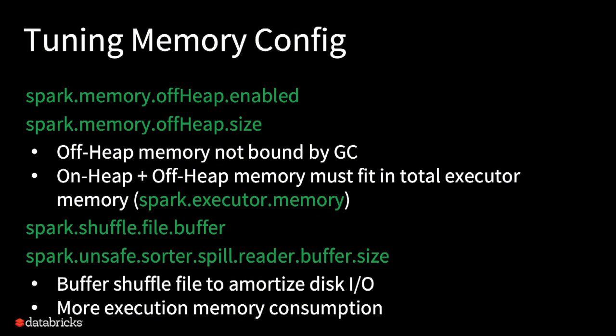But it also means more execution memory consumption. If the execution memory is not sufficient, then task spill may happen more frequently. That will also hurt performance. So you need to evaluate the trade-off.